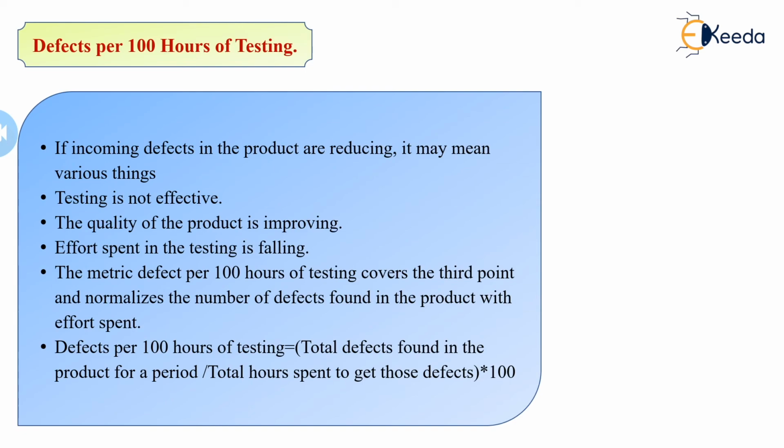So this metric, defects per 100 hours of testing, covers the third point, that the quality of the product was improving, but normally it was not. It normalizes the number of defects found in the product. Defects per hour is given by the formula: defects found in the product for a period divided by total hours spent to find those defects, multiplied by 100.